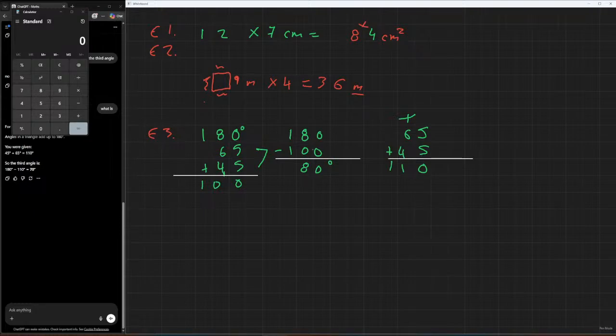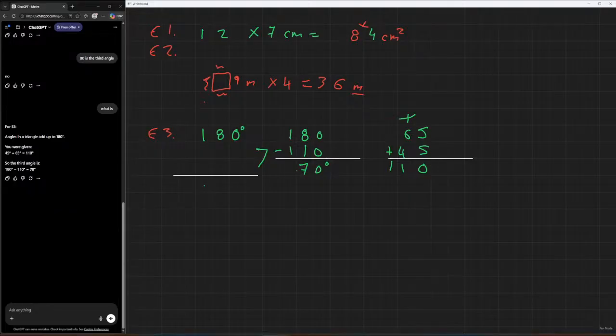Oh my days, bro. So this one was there, and then that gives me 110, so 180 minus 110 gives me 70. So the third angle is 70 degrees. Okay.